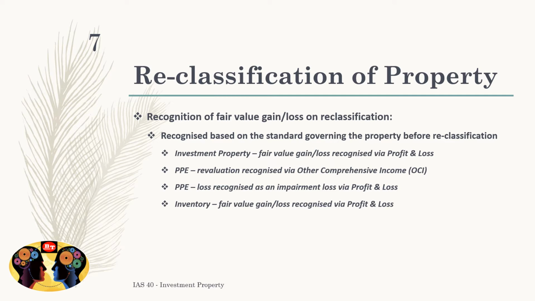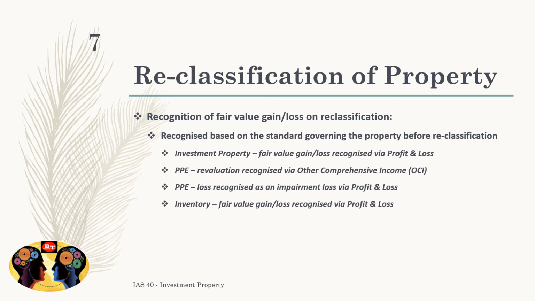Reclassification of property: recognition of fair value gain or loss on reclassification. It is recognized based on the standard governing the property before reclassification. Investment property: fair value gain or loss recognized via profit and loss.